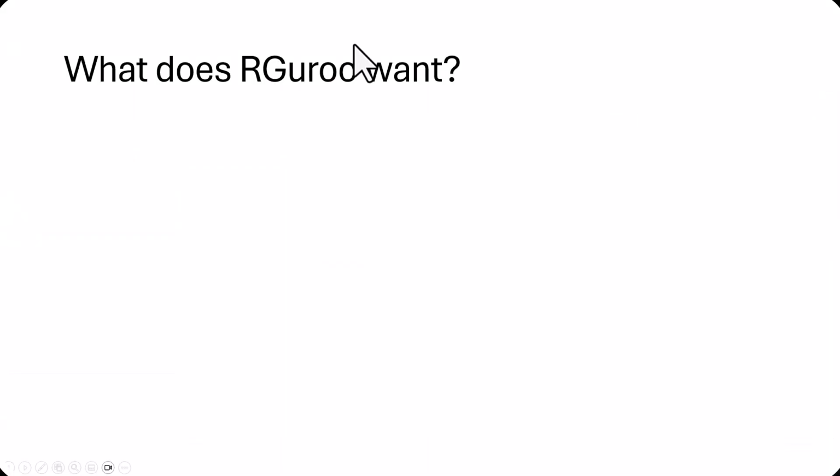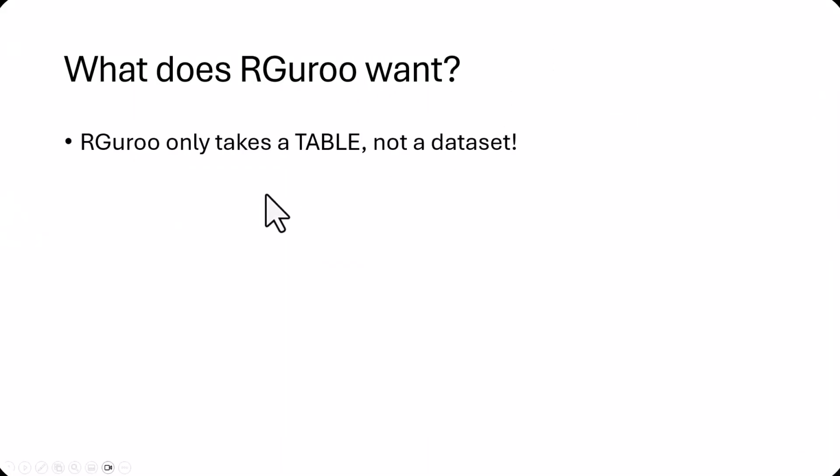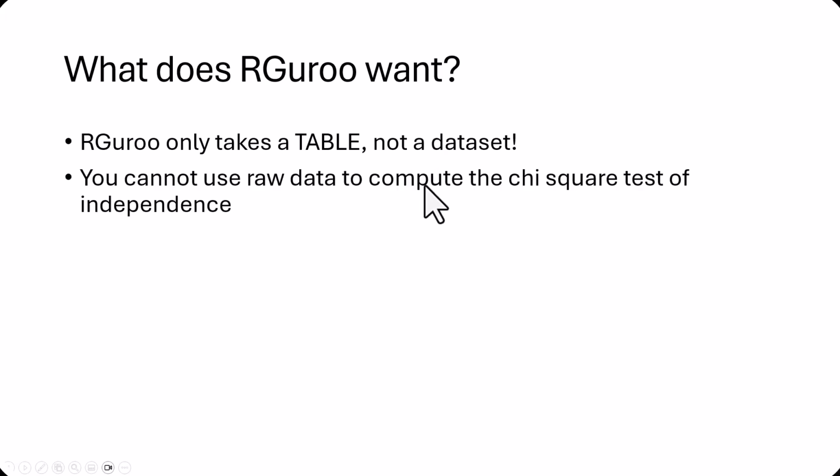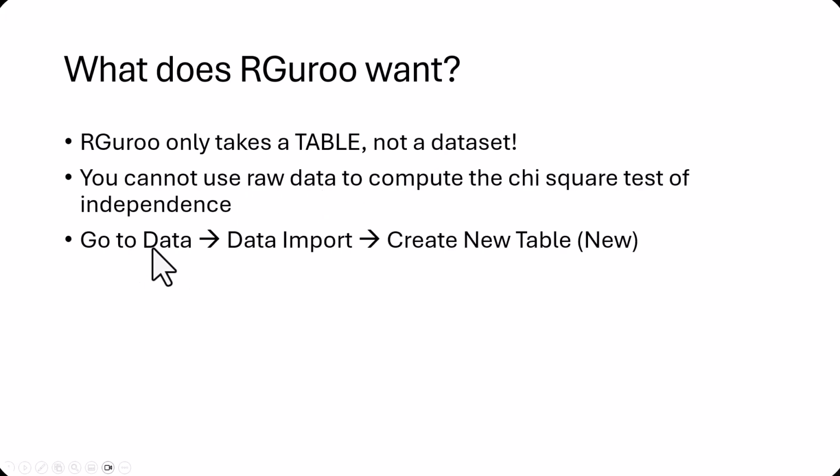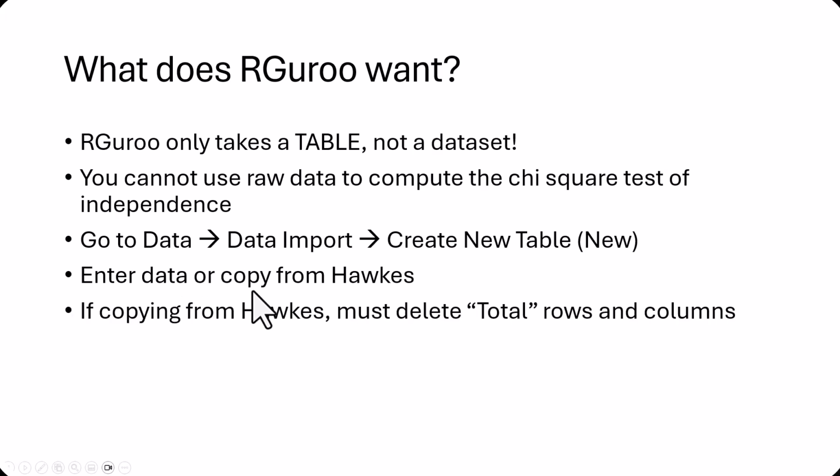To summarize, what does Rguroo want? It wants a table, not a data set, even though it looks like it asks for a data set. It does not want raw data, it wants a summary. So again, you have to go to Data, Data Import, and Create New Table, and you have to save it as a table, not a data set. If you're using some sort of online learning platform that allows you to copy data, you can enter that data or copy it from that platform.